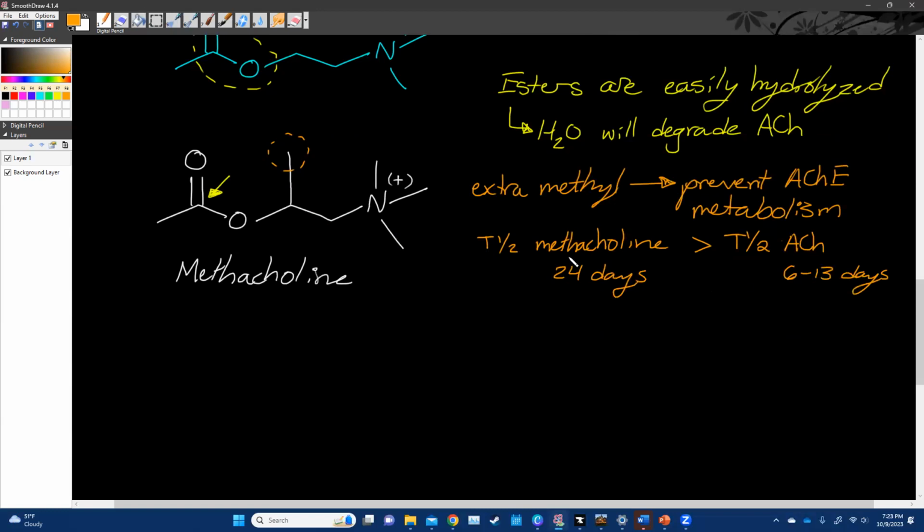So one way of extending the life of acetylcholine is to add a methyl group. The other way is to work on the hydrolysis of the ester moiety itself. And this is where we get the drug carbachol.